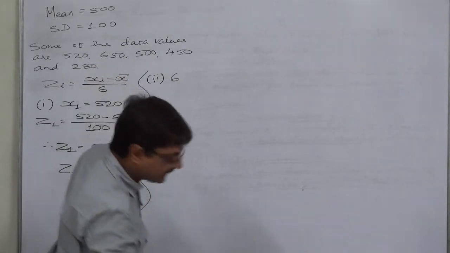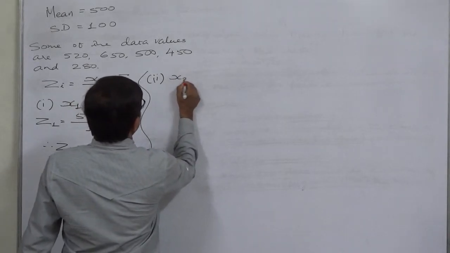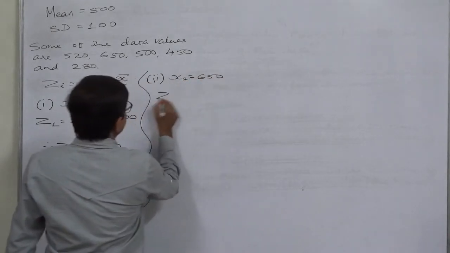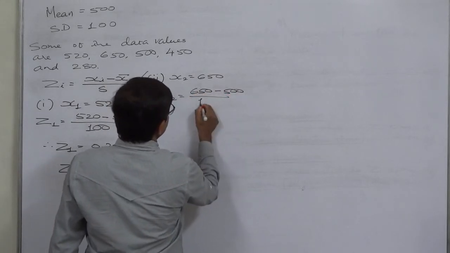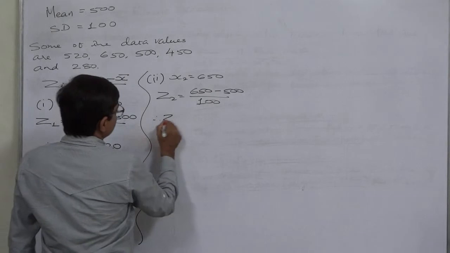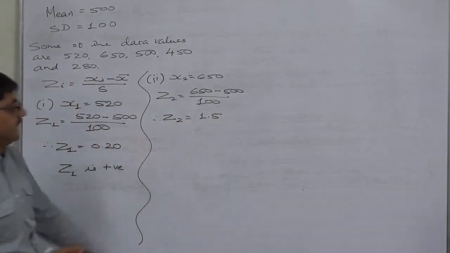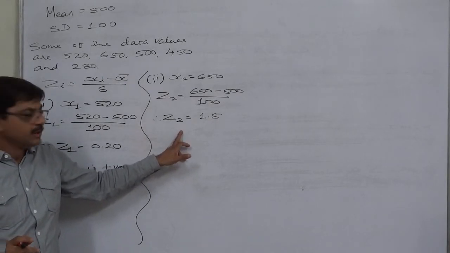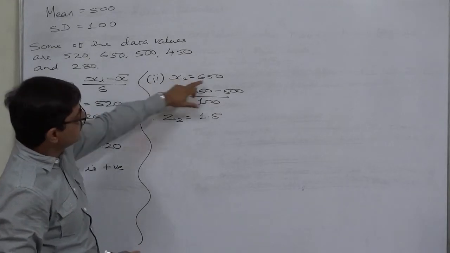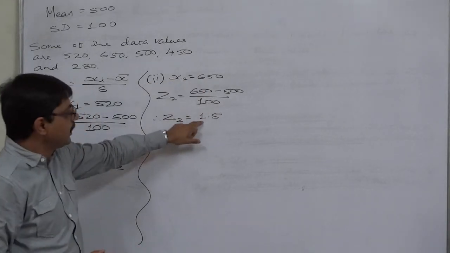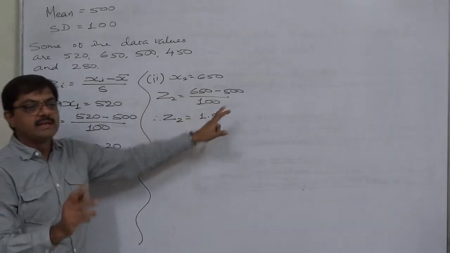Let us take x equals 650. The z will be 650 minus 500 divided by 100, so the z score comes to 1.5. Here also the z score is positive. So we can say that 650 is 1.5 times the standard deviation above 500.